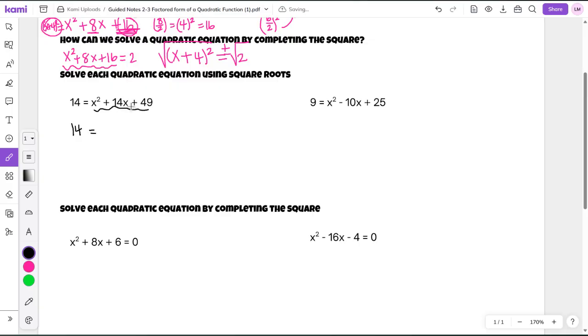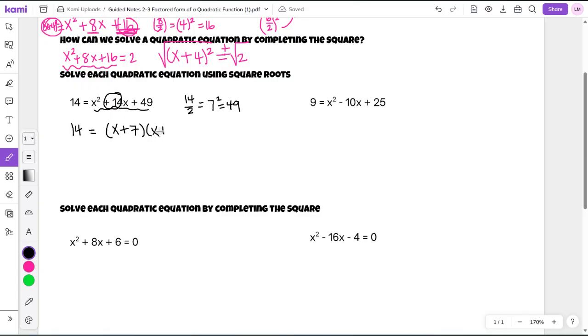I want numbers that multiply to 49 and add to 14, and that's 7 and 7, because this is a perfect square trinomial. I take half of 14, which is 7, and 7 squared is 49, exactly the number I'm looking at here. So this factors into x plus 7 times x plus 7.